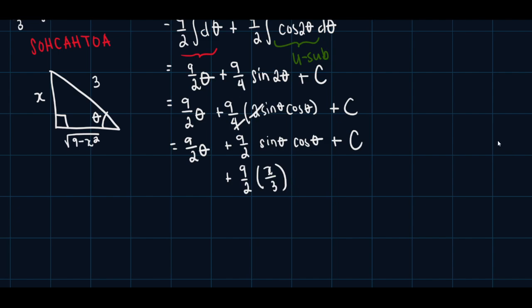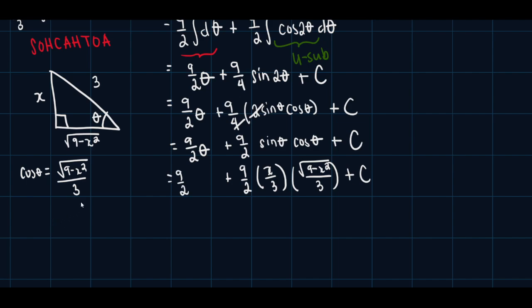Okay, and then cosine theta, based on our reference triangle, cosine theta is the adjacent side over the hypotenuse. And the last is, how do we write theta?